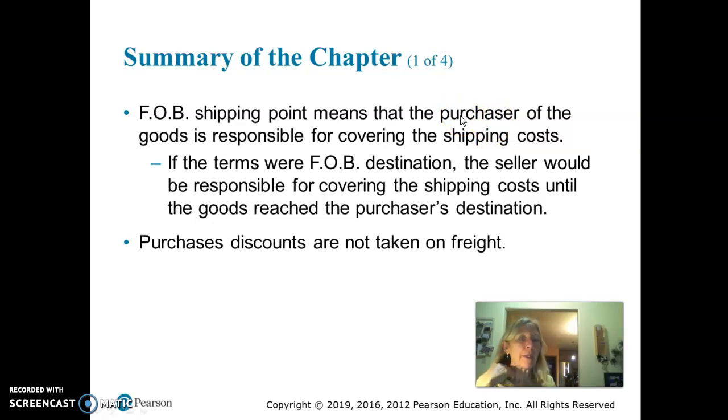If the terms are FOB destination, the seller would be responsible for covering the shipping costs until the goods reach the purchaser's destination. So shipping point is you, the small business owner, pay to have the goods shipped to you. If something breaks, the minute they leave the warehouse, it's your problem. FOB destination is a better deal for you because then the seller has responsibility.